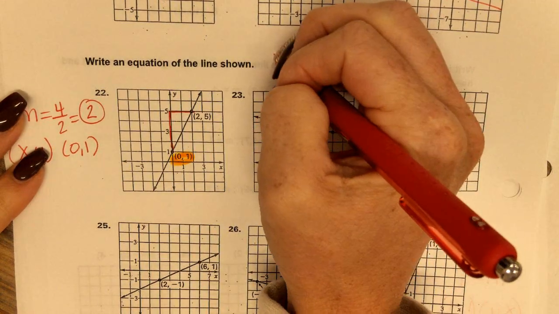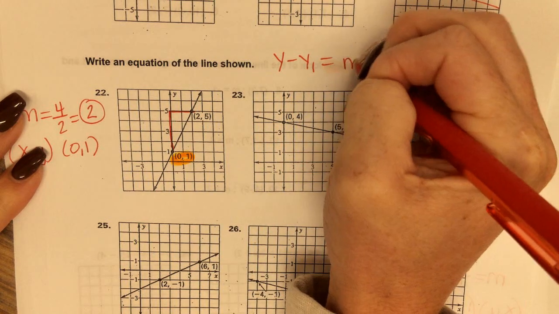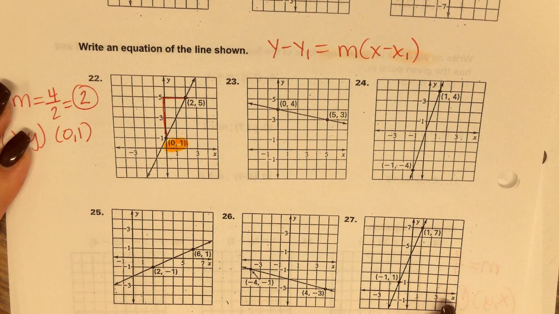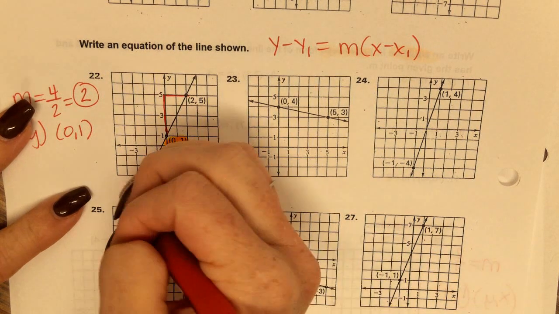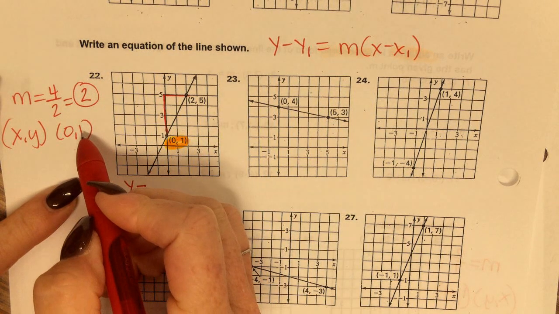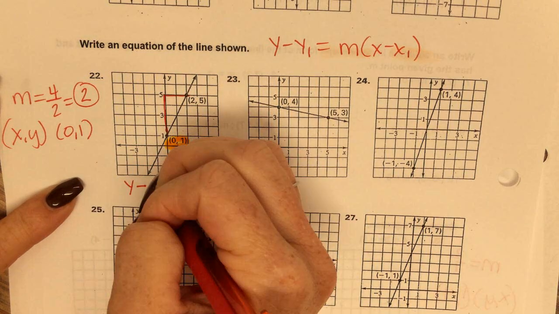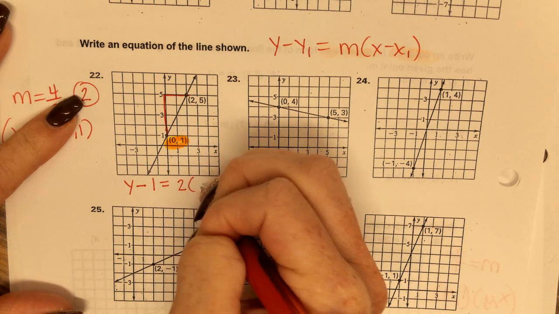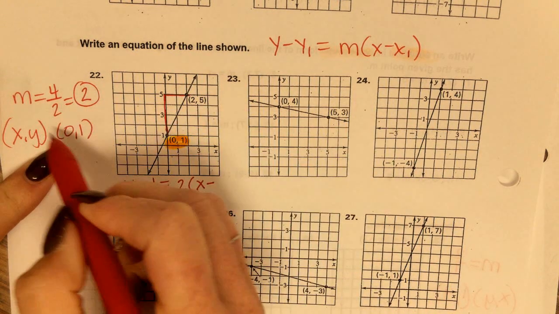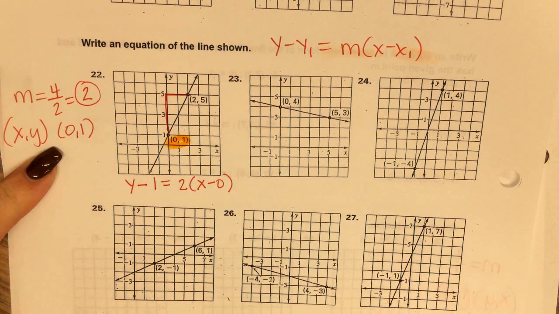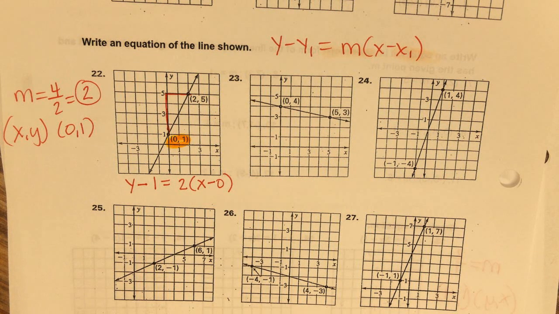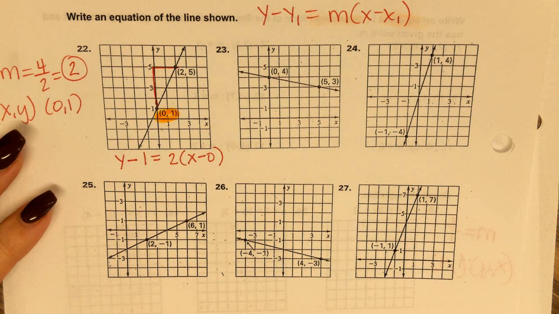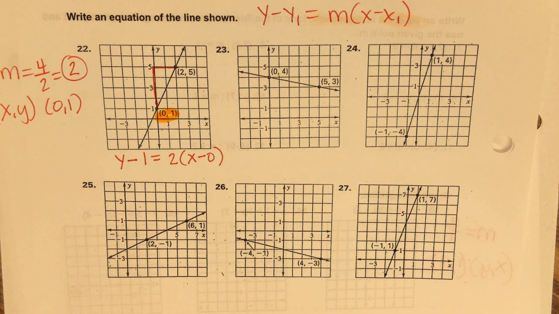If you want to write it up here, y minus y1 equals m, x minus x1. Okay, so I'm going to do y minus, what's my y value? 1 equals my m, 2, open parentheses, x minus, what's my x value? 0. And I'm fine with y'all leaving the 0 there. Okay? And that's it. So on the rest, you get to pick your point. And I do have both answers on my answer key.